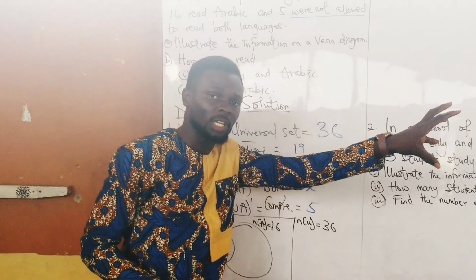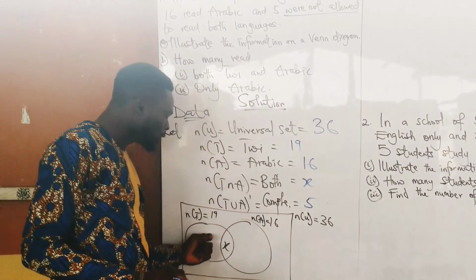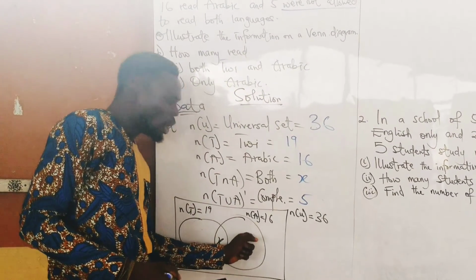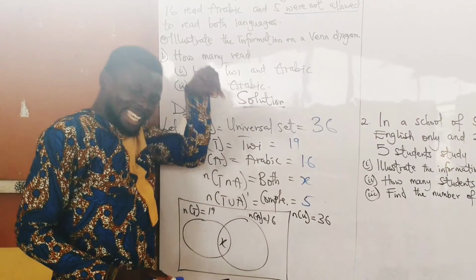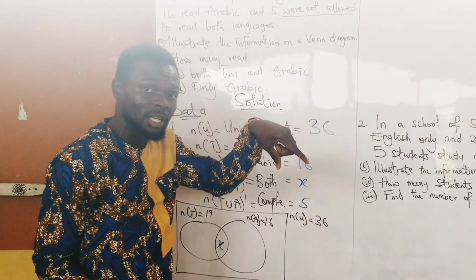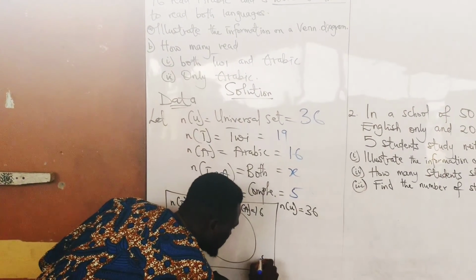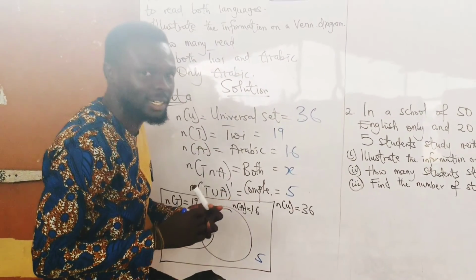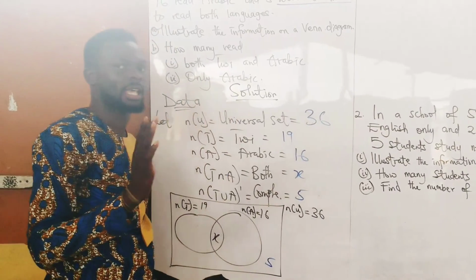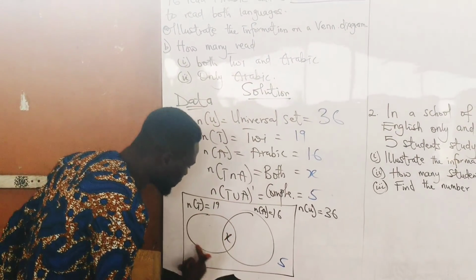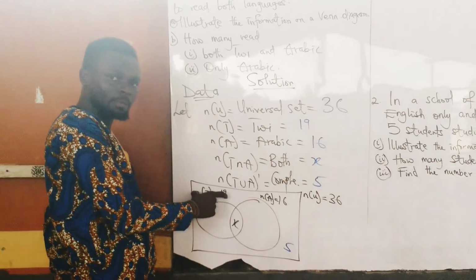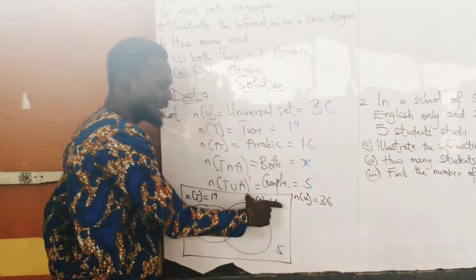It is part of the universal set, but it does not belong to T nor to A. So where are we going to position the complement? We are going to position the complement in the rectangle, not in any of the circles, because this circle belongs to T, and this circle belongs to A.